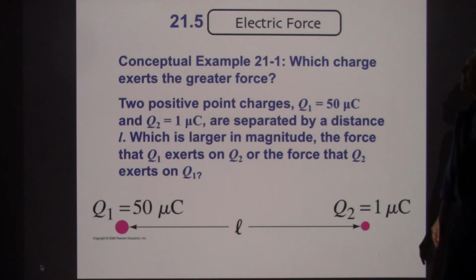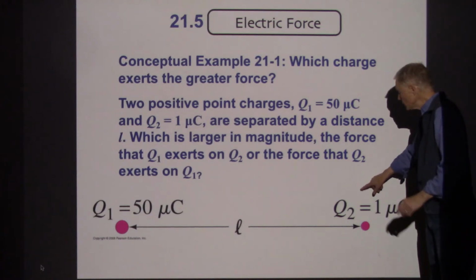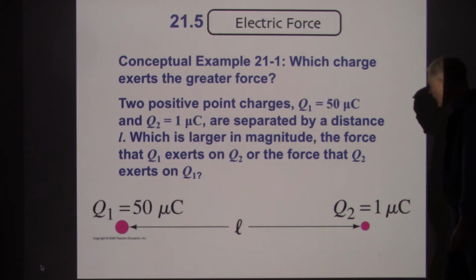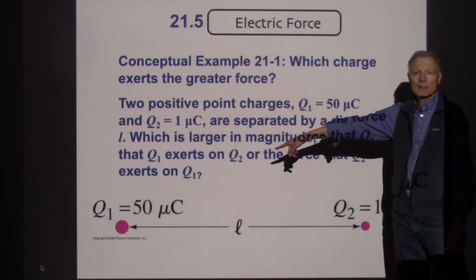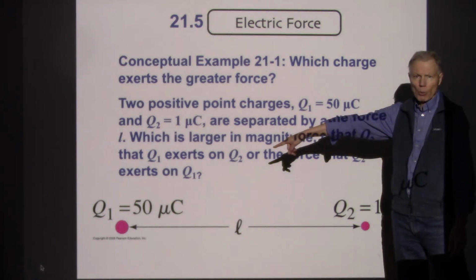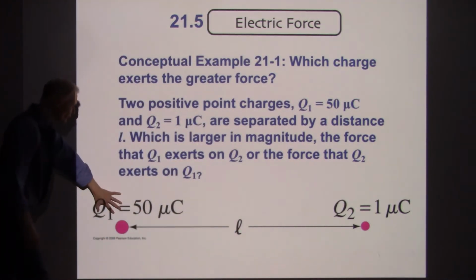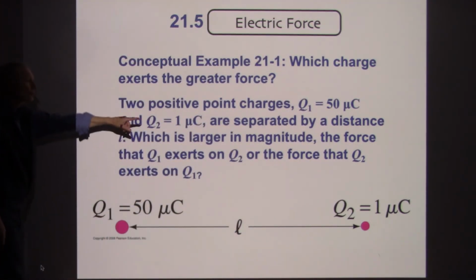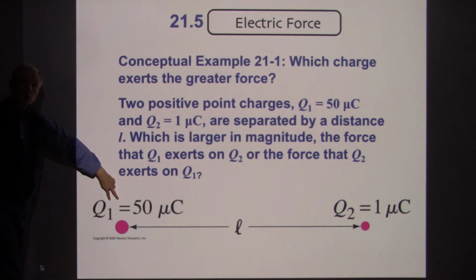Okay, and I think that's going to be more the way I say it. So I'm going to say object 2 does experience a force due to the presence of charge number 1, of Q1. Q1 also experiences a force. It's experiencing a force due to the presence of charge 2 and due to its own charge.